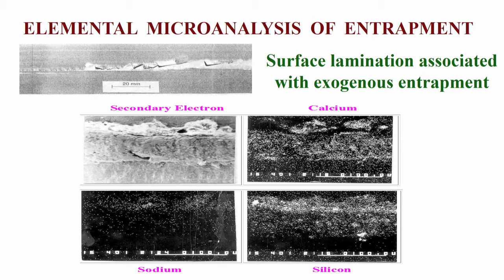So, looking at the defect using X-ray information, either X-ray mapping or X-ray spectra at a particular location, we know what elements are present and what the possible constituents are. So, we now know that if sodium is present, this entrapment has come from mold slag. So, mold slag entrapment or entrainment has caused surface lamination in this case.